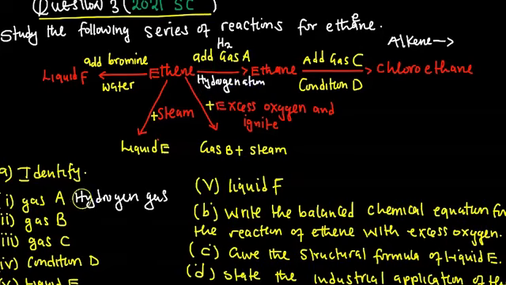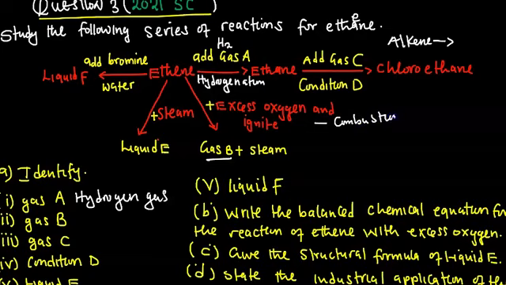Okay, then gas B, what is gas B? Where is gas B? Gas B is here. Now look at this, ethene plus excess oxygen. In short, when you ignite or burn it, it produces gas B plus steam. This is called combustion.